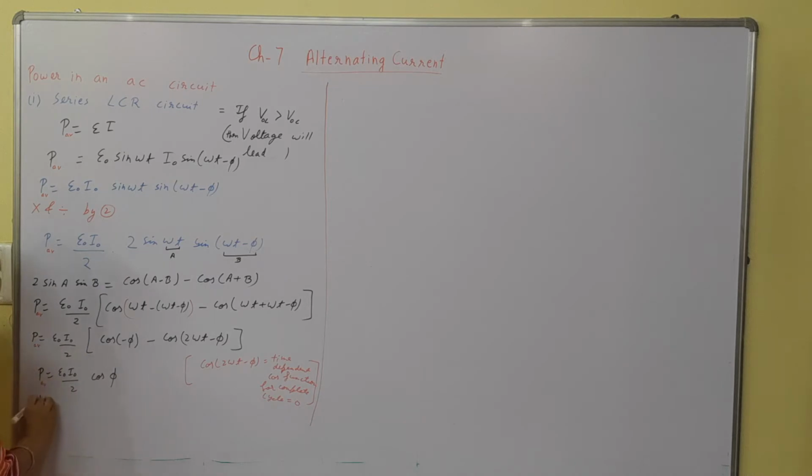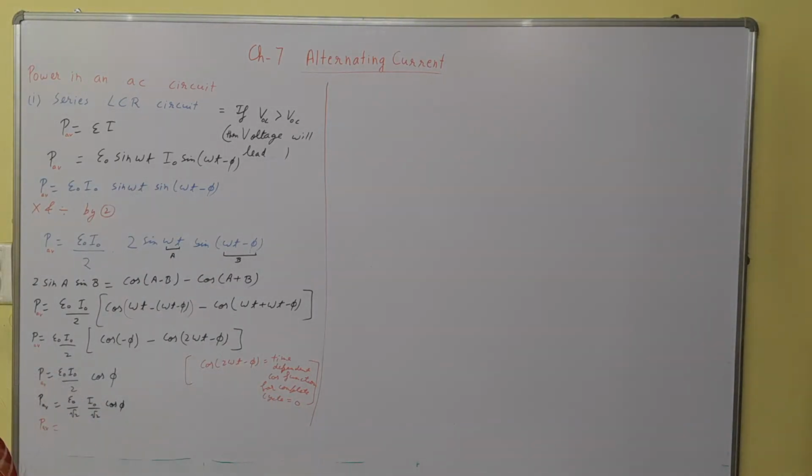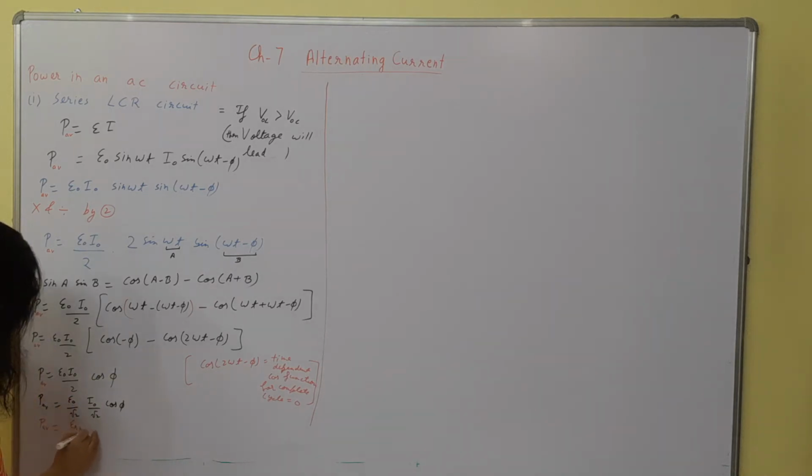Now what will be my formula? This will be E naught upon root 2, and this can be written as I naught upon root 2 and cos phi, and this can be written as P average is equal to E RMS I RMS into cos of phi.